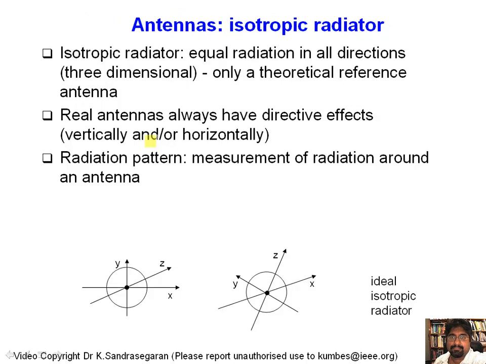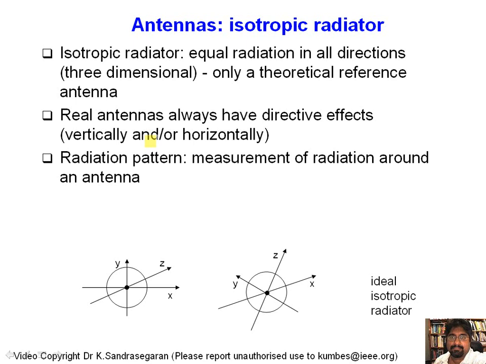Okay, now whenever we take measurements about an antenna, for example, the gain of an antenna is usually expressed as dBi. Now the I refers to an isotropic antenna. An isotropic antenna is a theoretical antenna. It doesn't exist in practice. And it's an antenna that is a point source, a point in space that emits power equally in all directions.